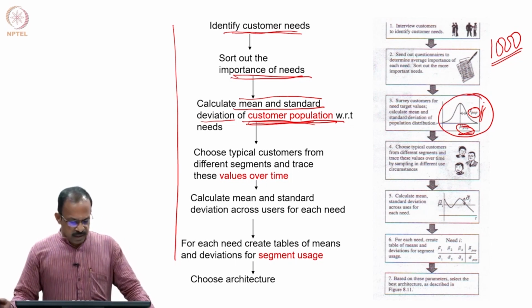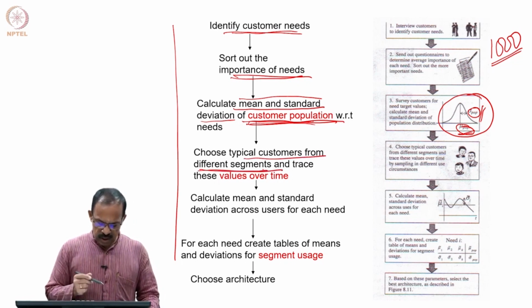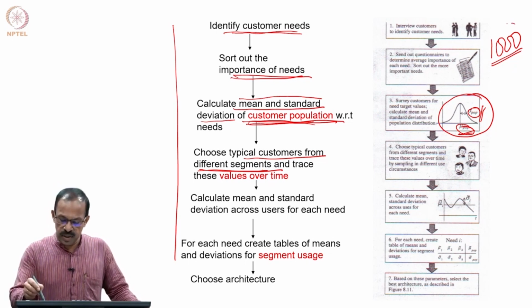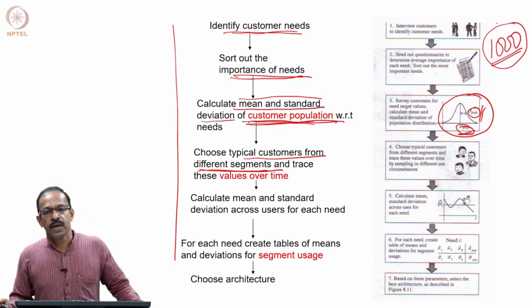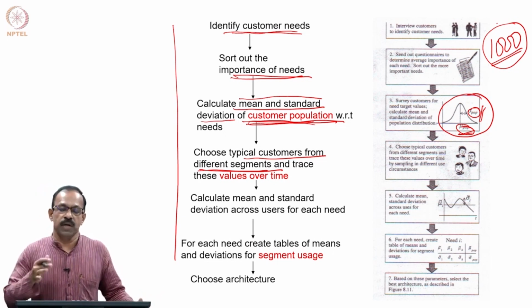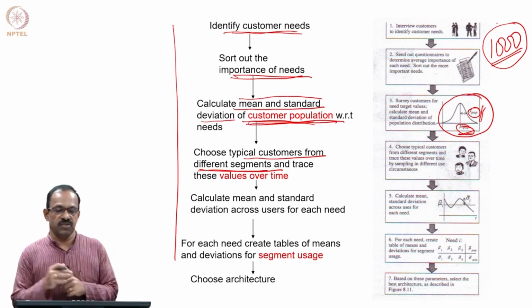And then choose typical customers from different segments. This is another important point, we need to identify segments within the population. If there are 1000 people in that group, all will not belong to the same kind of segment. For any product you will be able to segment the total population based on some characteristics.